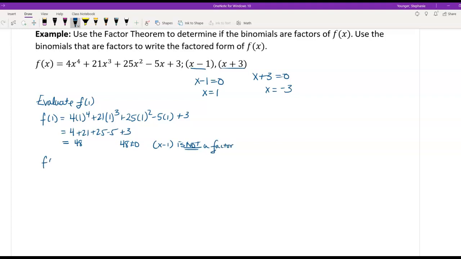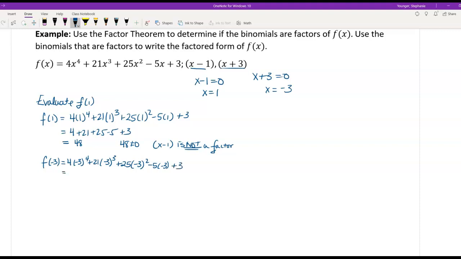So now we're going to do f of negative 3. So 4 times negative 3 to the 4th plus 21 times negative 3 cubed plus 25 times negative 3 squared minus 5 times negative 3 plus 3.